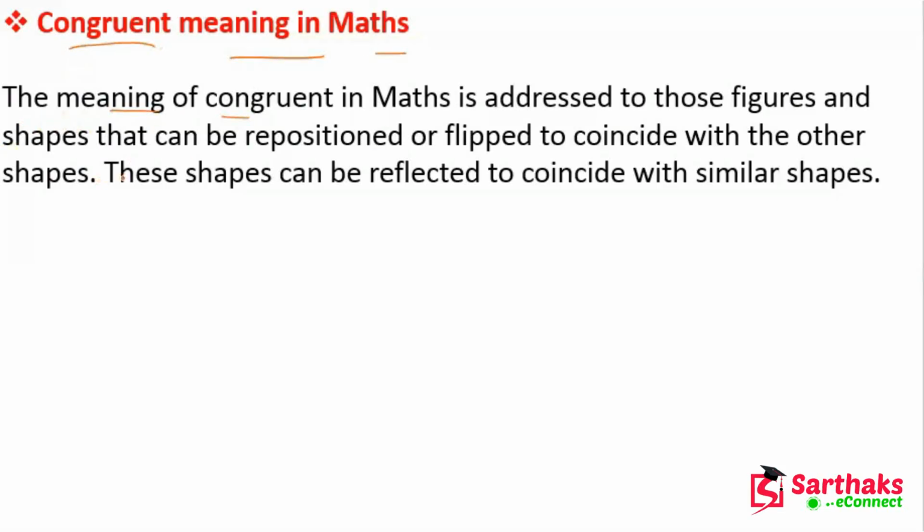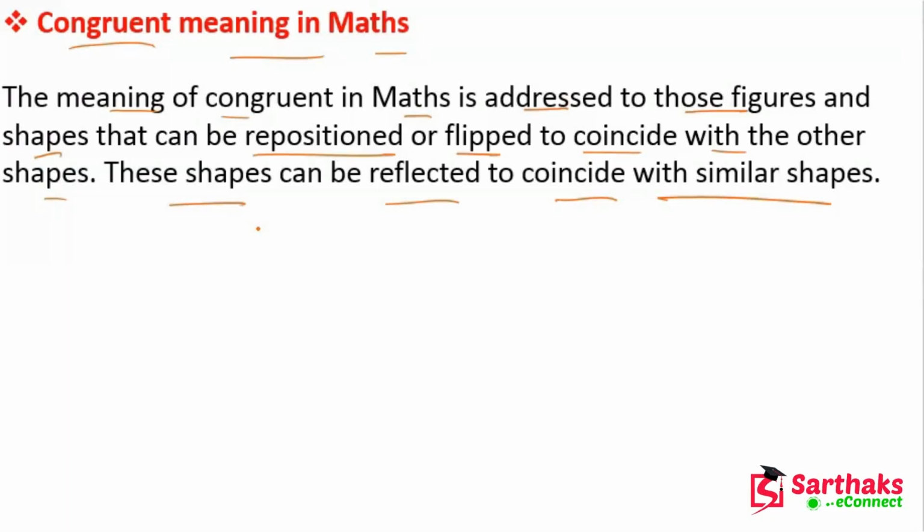The meaning of congruent in mathematics is addressed to those figures and shapes that can be repositioned or flipped to coincide with each other. So these shapes can be reflected to coincide with similar shapes.